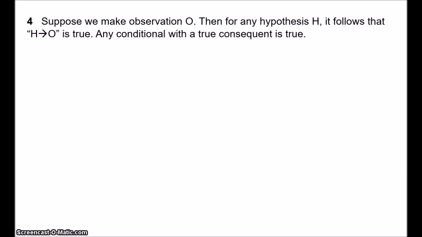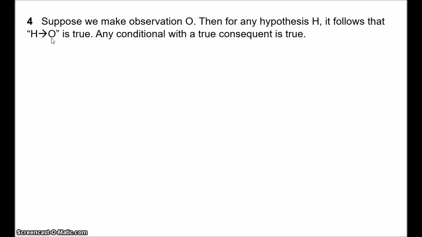Let's suppose we make an observation, O. This can be anything at all. Now, for any hypothesis H, it follows that the conditional if H then O is true, right? That follows as a matter of logic, right? So this says if H then O, right?